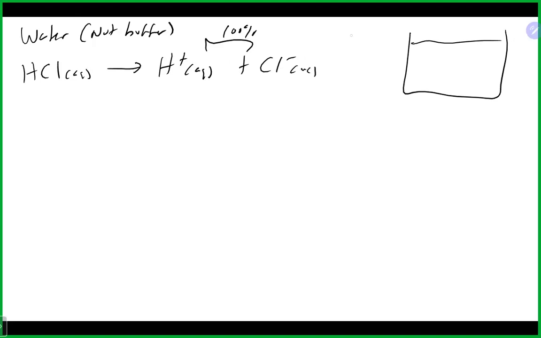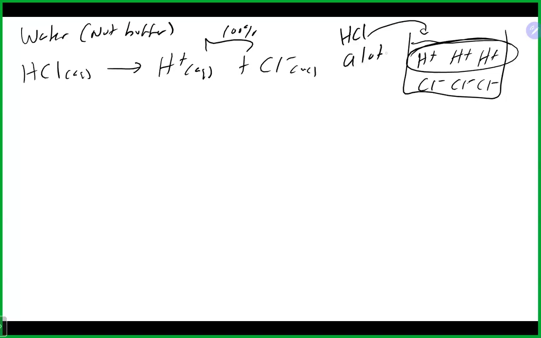And again, if you toss that HCl into that water, which is not a buffer, it's just going to produce a lot of free H plus. And because of that, what we're going to see is the concentration of H plus skyrocket, and we're going to see a pretty big drop in the pH.